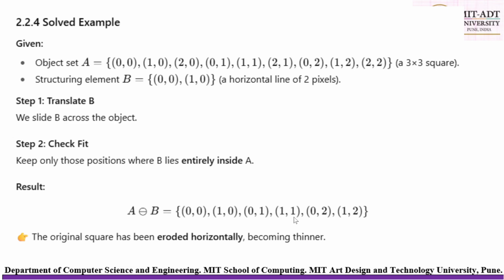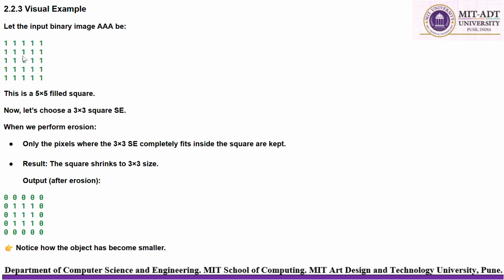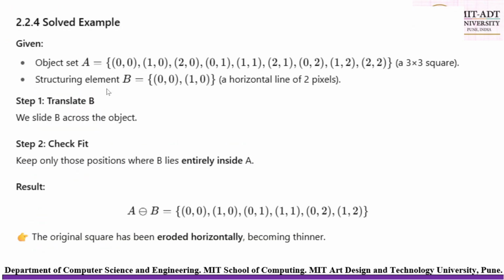In terms of set theory, how erosion is done, I will explain. This is how it works on the direct images. You have the image, you have the structuring element, you place the structuring element over the input image. Wherever the structuring element fits properly inside the square, we keep it. Now let us deal with the erosion operation when represented with sets.